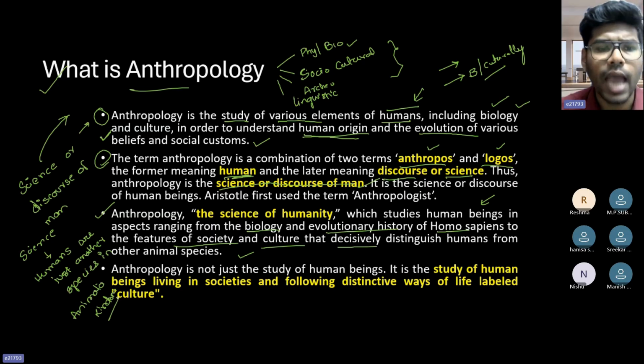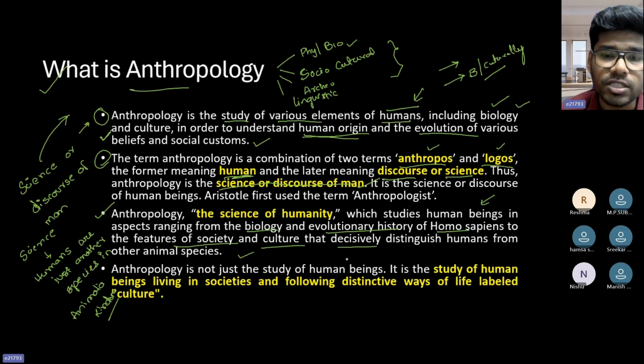When you take all the animals, humans are just one other species, when you take pure science into consideration. But when you're talking about humanity, what made them so special among the other organisms? What is distinguishing humans from other animal species? That is what we are going to study in anthropology.